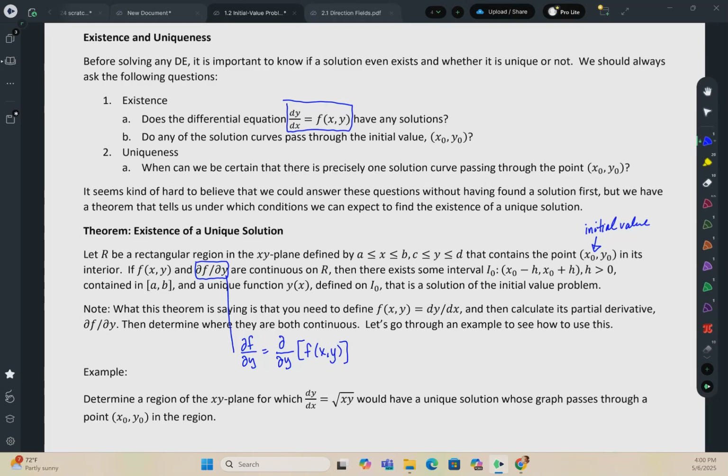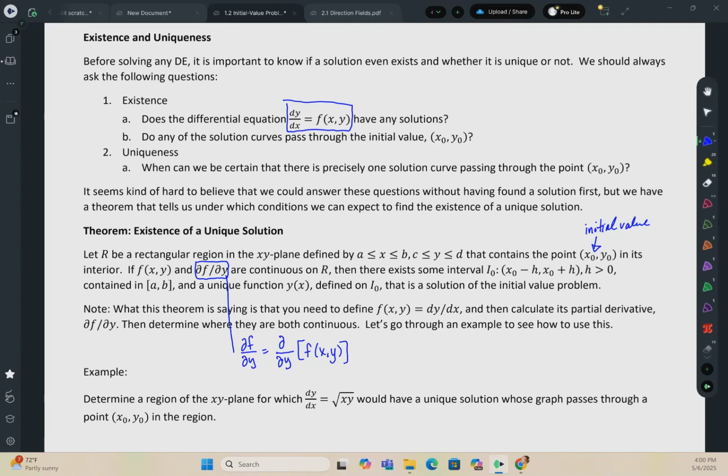That's sometimes kind of hard to do depending on the function, but we've got to really hone in on y being the only variable we care about. So first, we isolate dy/dx and we define it as f of x y. Then we take that and find the first partial derivative of it with respect to y. And we want to show that they are both continuous on some rectangular region.